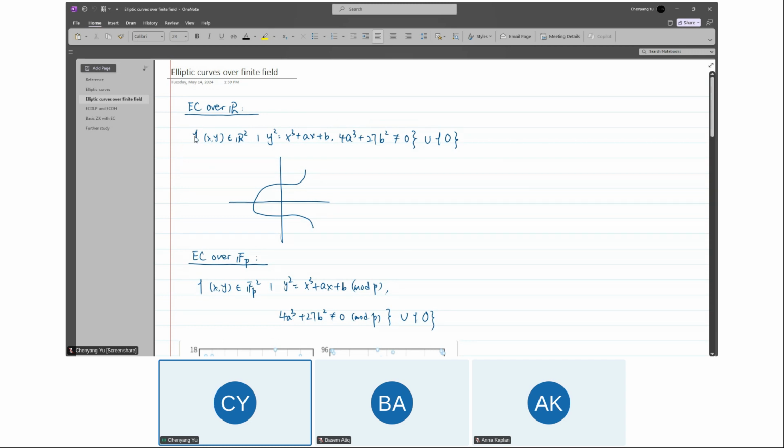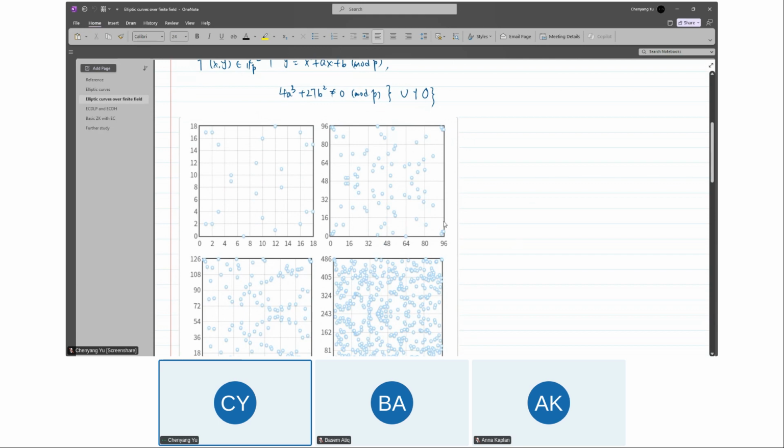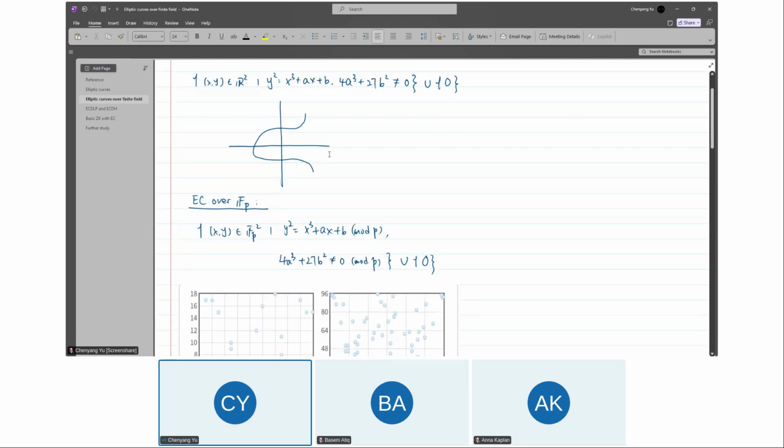You can see the notation is pretty similar. It's just mod p, so everything works mod p, and the rest is the same. After we put the mod p restriction on this group, the result is no longer a curve.